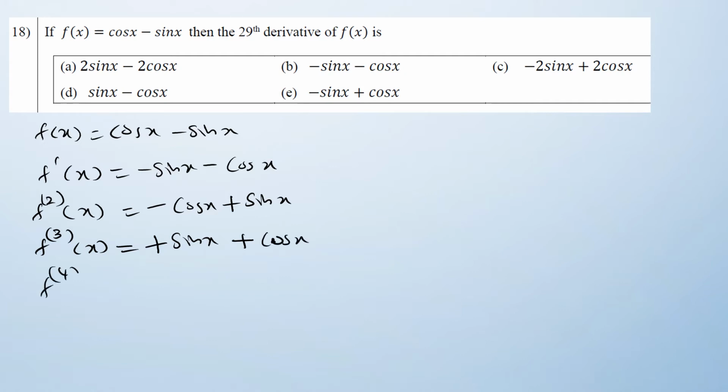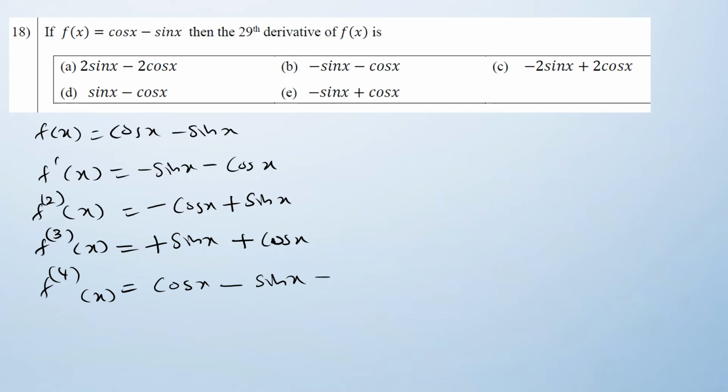Now I'm going to find the fourth derivative, since we still do not have any relationship between these derivatives. We have four different answers up to the third derivative. When you find the fourth derivative, the derivative of sin x is cos x, minus sin x.